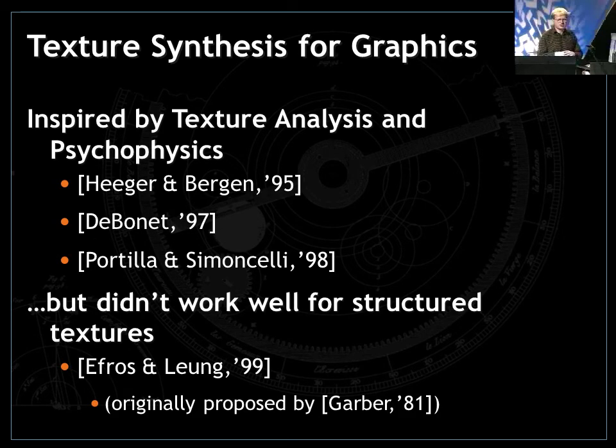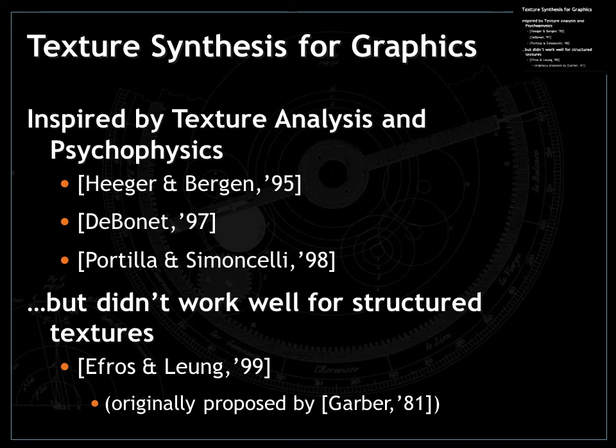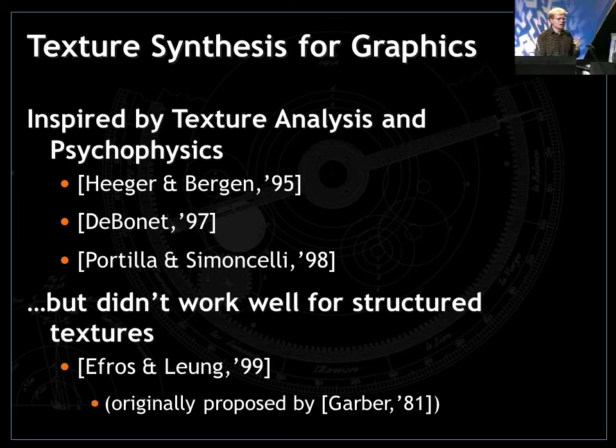So in texture synthesis in graphics, the early works were inspired by texture analysis, the use of image statistics, and also by psychophysics, where people use filters and filter banks to model what the human eye perceives. And there was a breakthrough paper by Heeger and Bergen in '95, SIGGRAPH, and then De Bonet and Simoncelli and Portilla, and they all worked in this grand fashion.